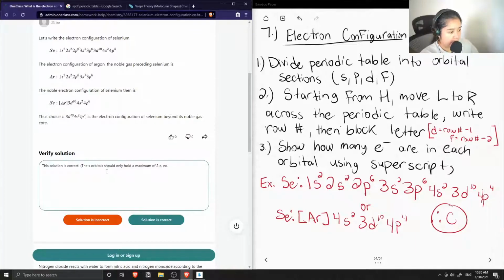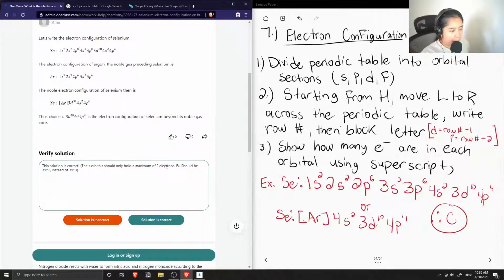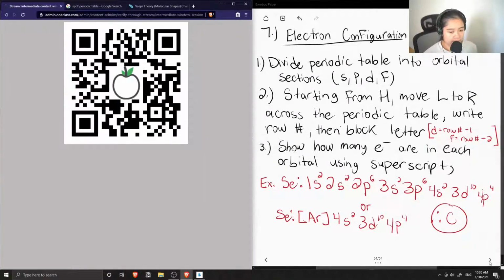So for example, it should be 3s2 instead of 3s3. I'm just adding that extra note, but they still got the correct answer and the correct explanation. So this solution is still correct.